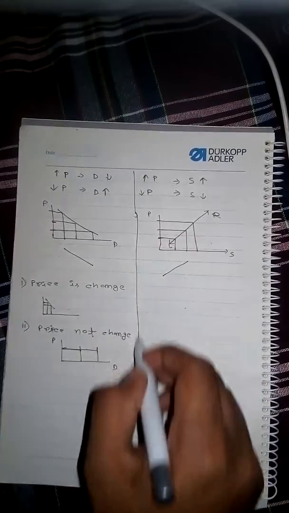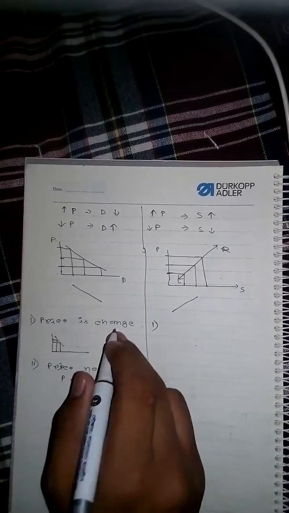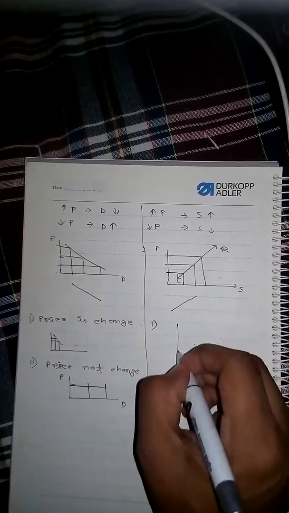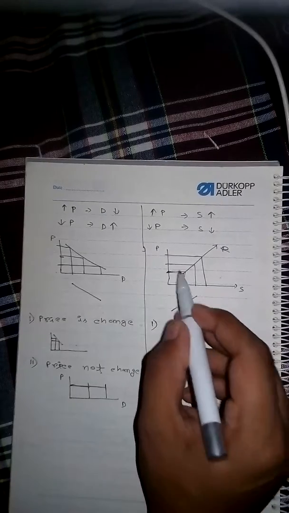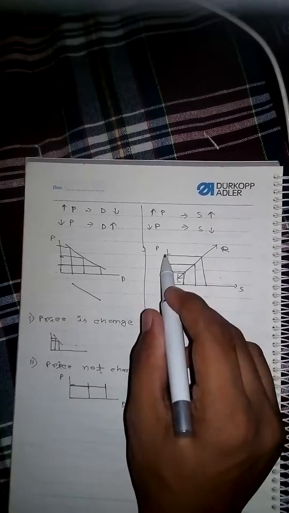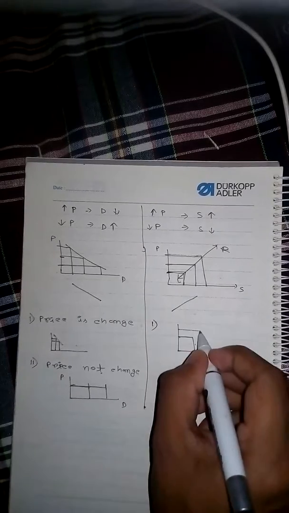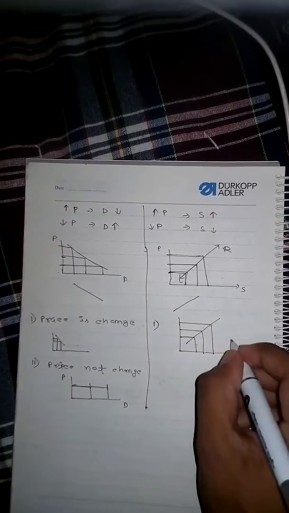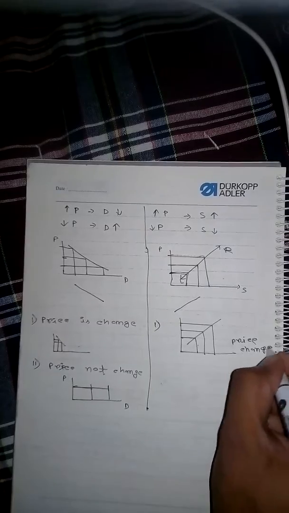Okay. For supply, here are two types. For price changing, if the price increases, the supply increases. So as the price increases, supply will always increase. This one is for price changing.